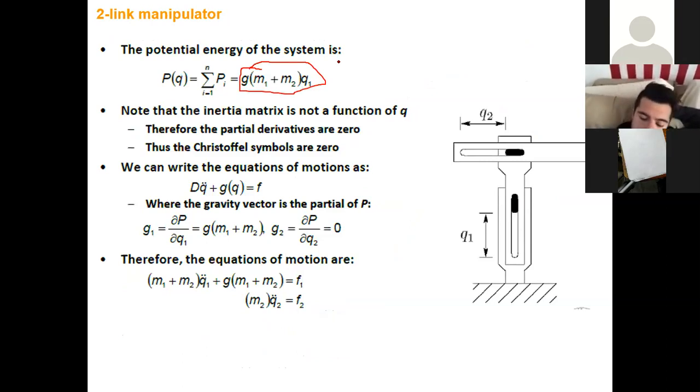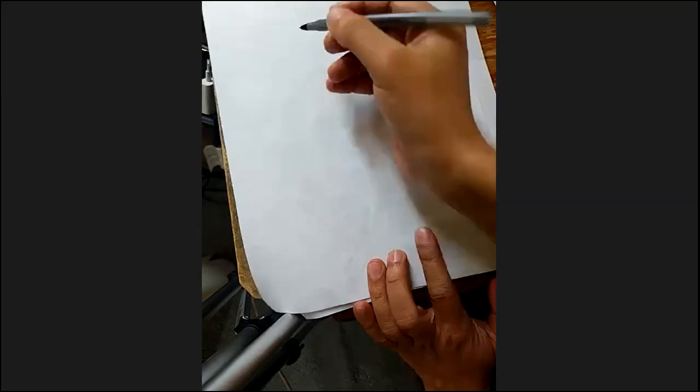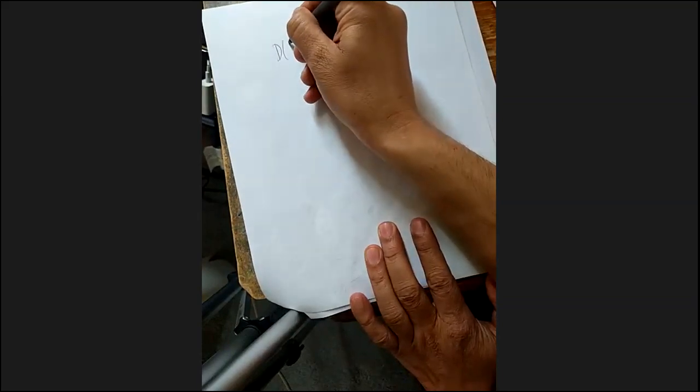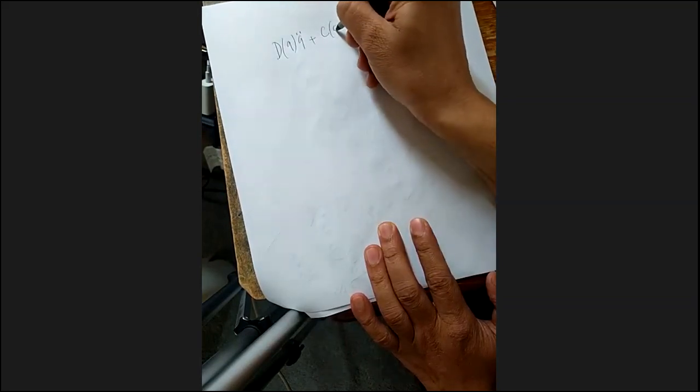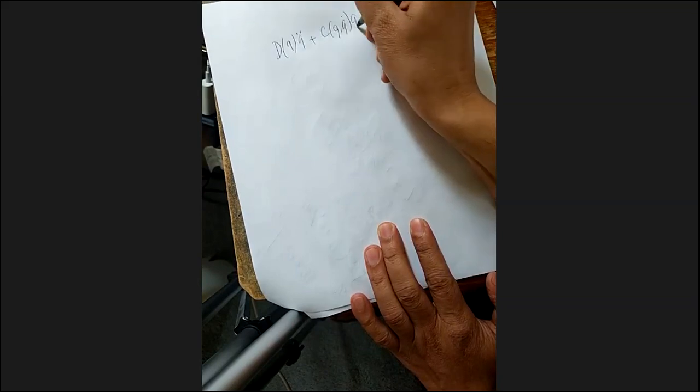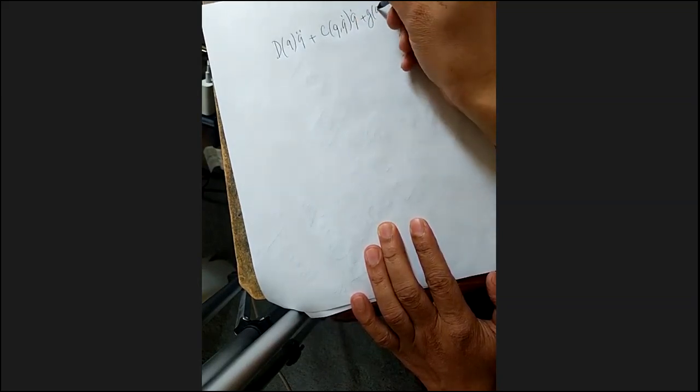Let me stop sharing and go back to my clipboard. Okay, now what is the equation again? This is my equation: D(q) q double dot plus C(q, q dot) q dot plus G(q) equals tau.